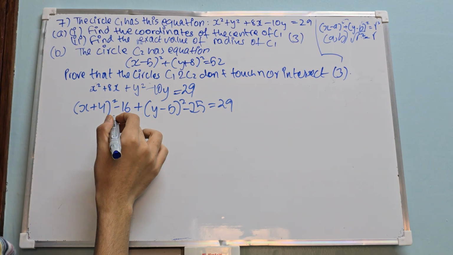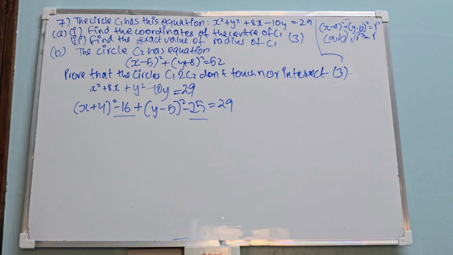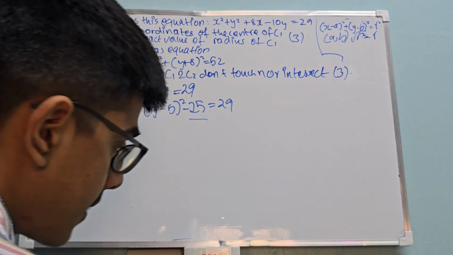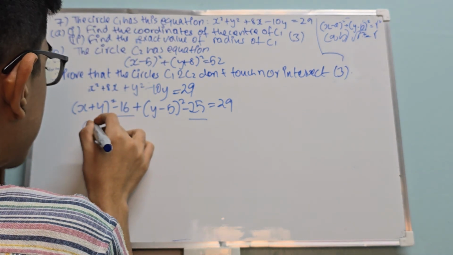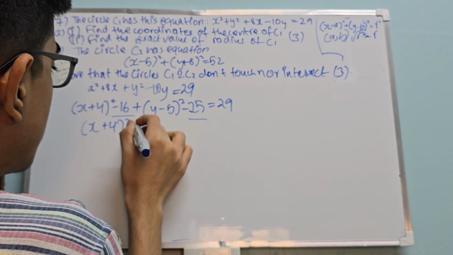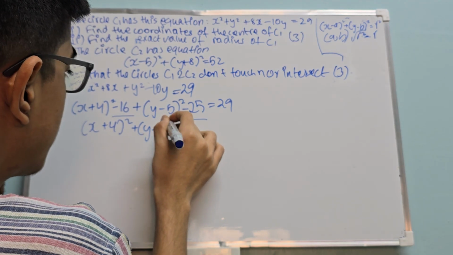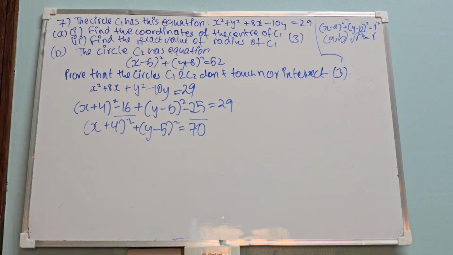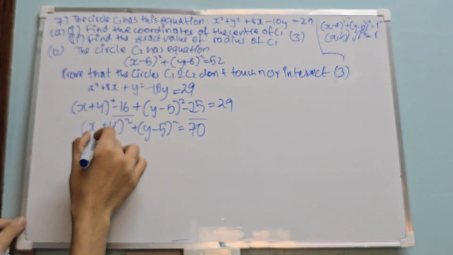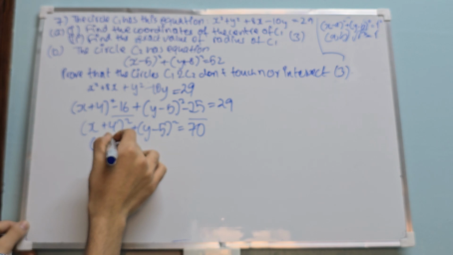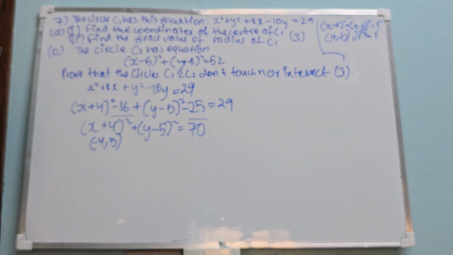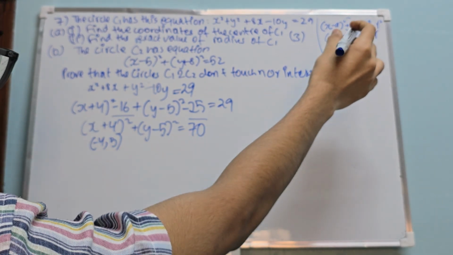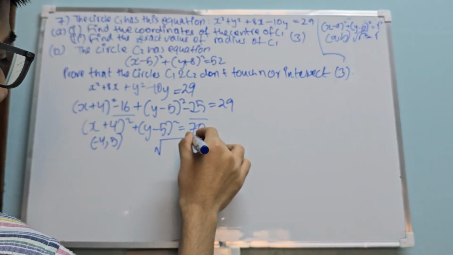Alright, so we can take these terms to the other side, and that is going to give us 70. So x plus 4 squared plus y minus 5 squared is equal to 70. Hence the center is going to be (-4, 5), and the radius is going to be the square root of 70.